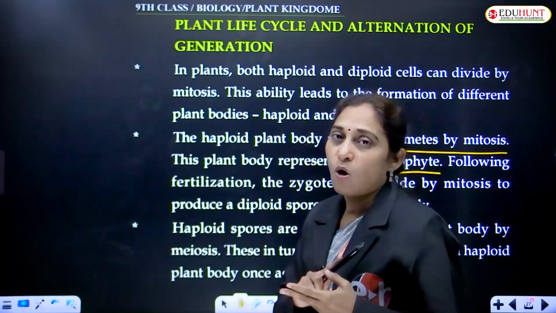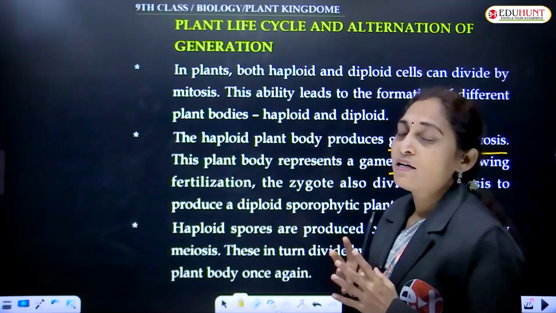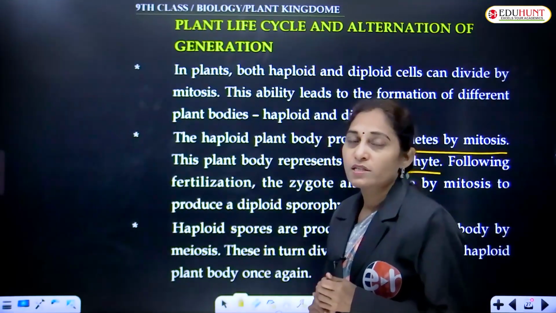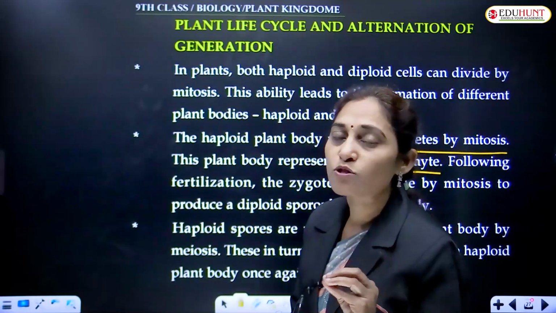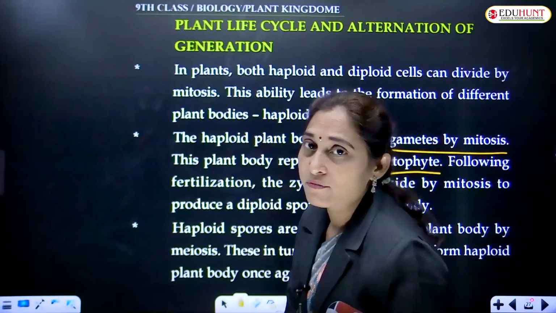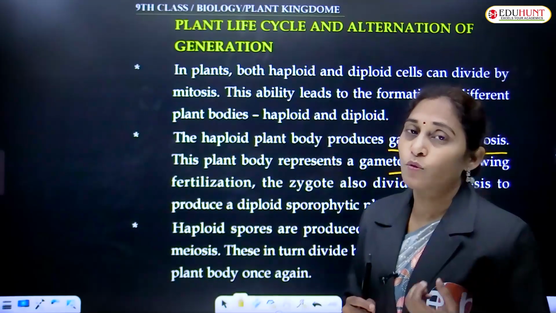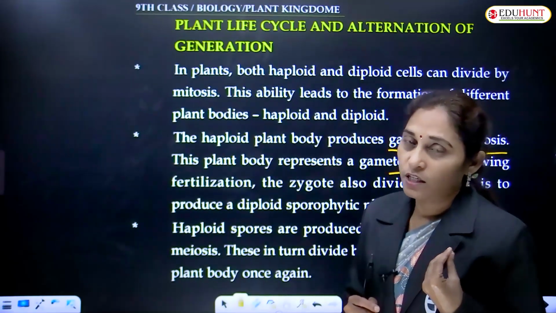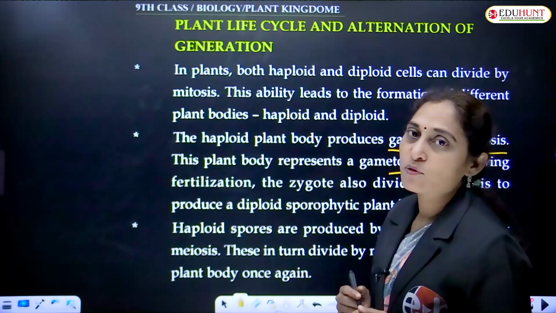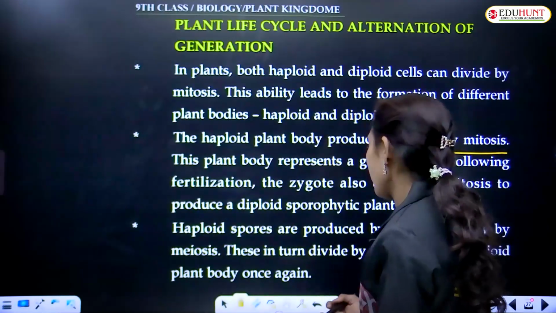But the majority of the divisions in the life cycle are mitosis only. Meiosis occurs only in the mother cells, the microspore mother cell or the megaspore mother cell, which undergo meiotic division to form the products, that is spores. Microspore is the male gametophyte, and megaspore on further division produces the female gametophyte called the embryo sac on the female side.